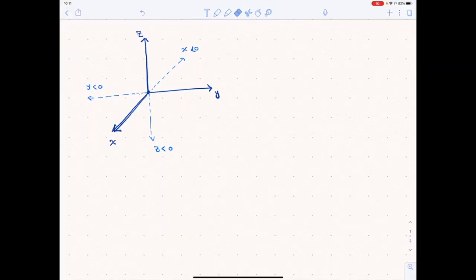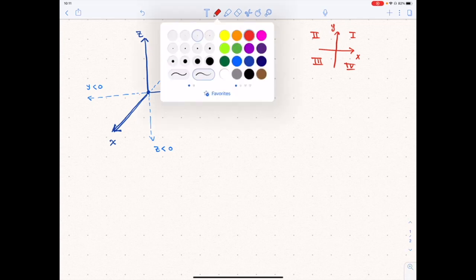Okay, now I wanted to also point out what in regards to the old octants we had. So let me just put on the side here. In R2, we had the XY plane, and then this became quadrant 1, 2, 3, and 4. All right, and we all know what's going on with values of x.